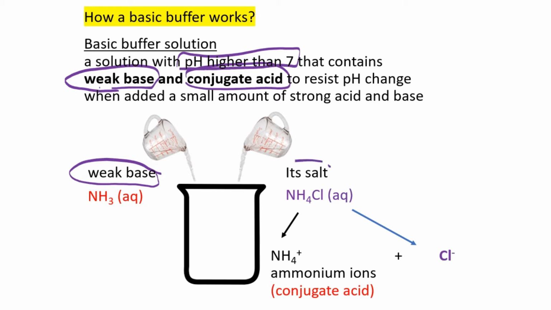Whereas when we put the salt of ammonia, for example ammonium chloride, the ammonium chloride would dissociate completely in water because this is a soluble salt, and it would form a lot of ammonium ions, which behave as the conjugate acid of our weak base here.